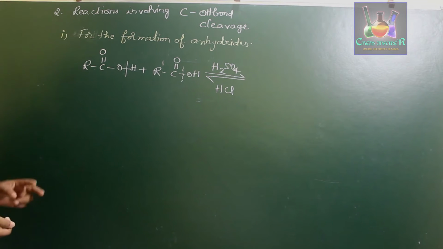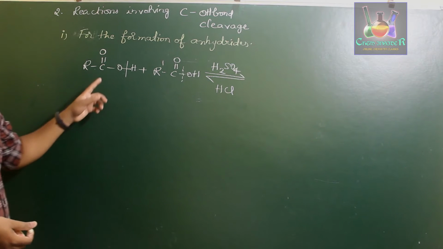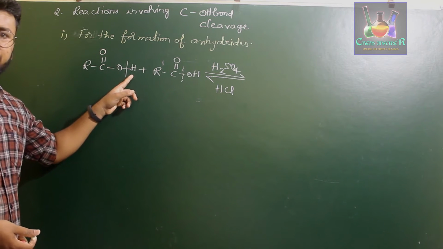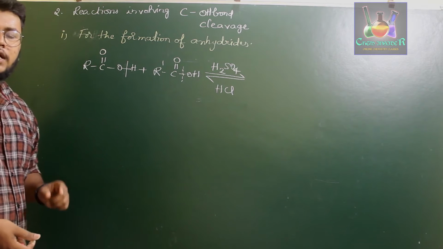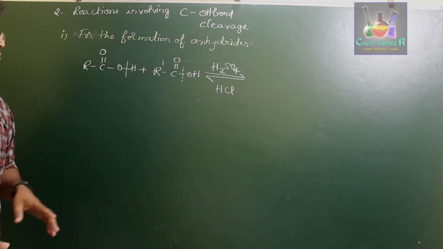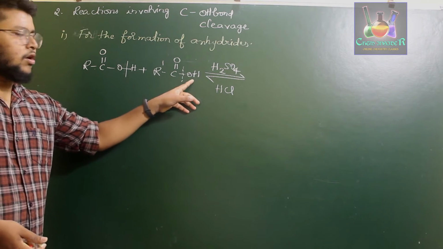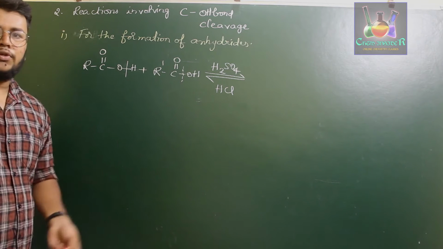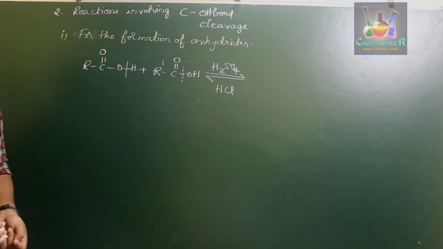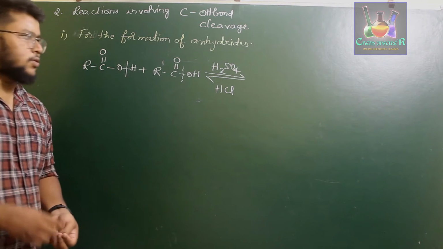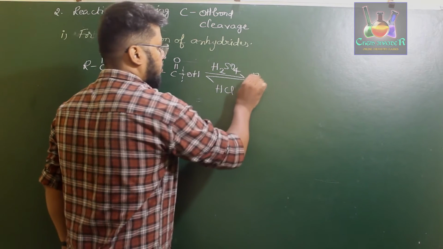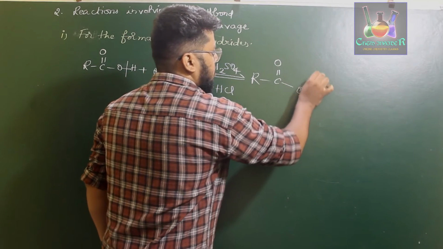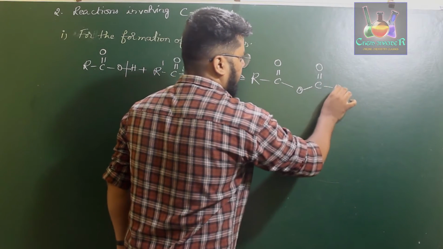These two molecules combined lose a molecule of water, that is nothing but the dehydration process, to form the anhydride R C double bond O, O, C double bond O, R prime.